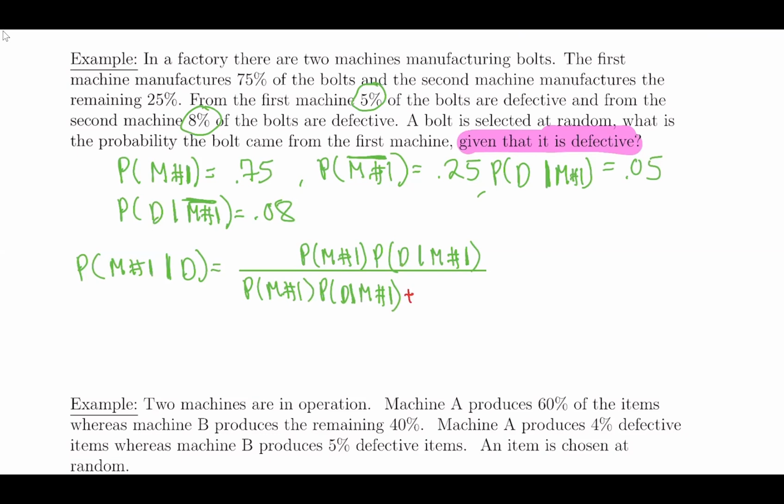Now we're going to add it to the probability it didn't come from machine number one, multiplied by the probability it's defective given it came from machine number two.